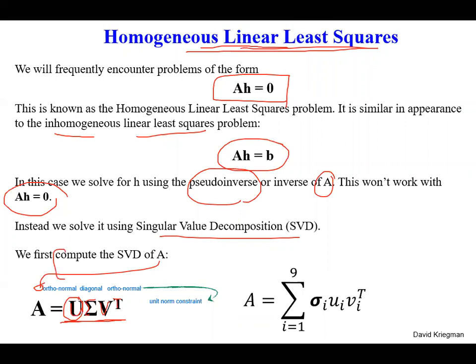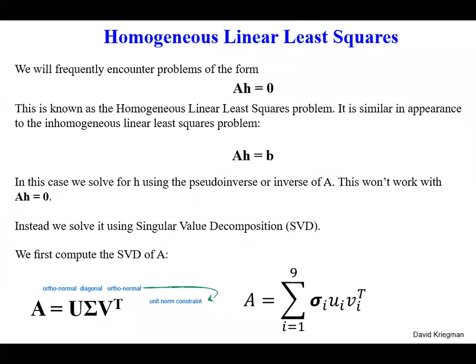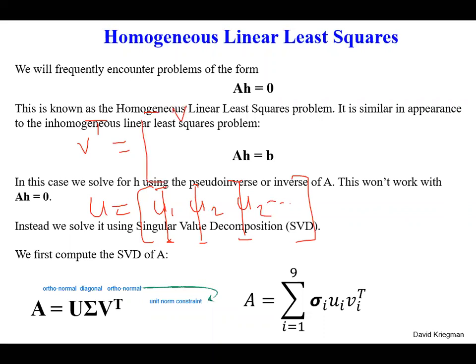U is a matrix, so you can think of it as U1, U2, U3, of course, column-wise. How about V transpose? Again, it is also an orthogonal matrix, but since it is transposed, it would be V1 transpose, V2 transpose, till Vn transpose.